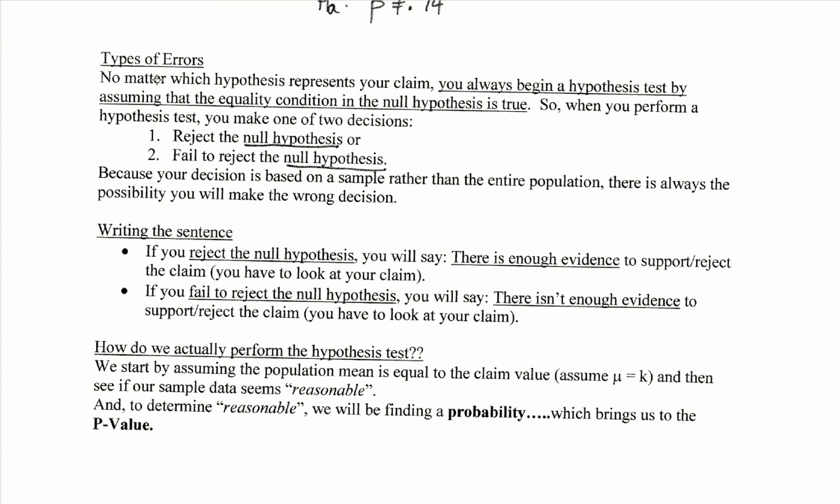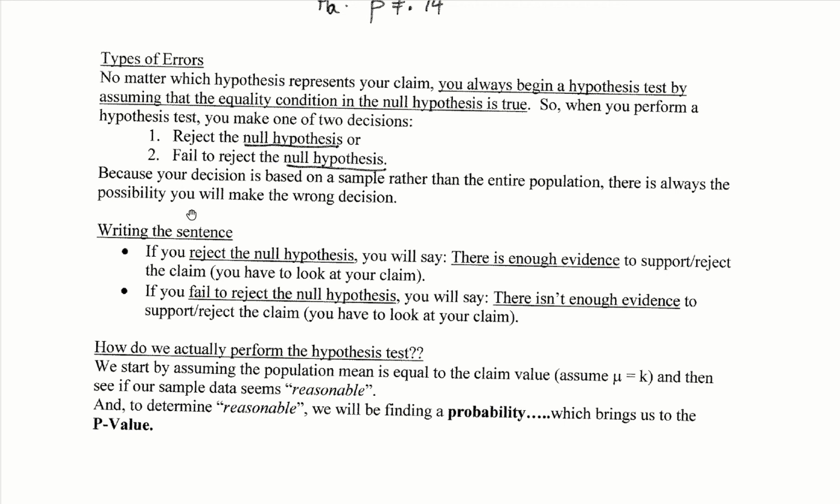One of the things to keep in mind is that this is chalked up to probability after all, and there is a probability that we do make the incorrect decision. No matter which hypothesis represents your claim, we always begin by assuming that the equality condition in the null hypothesis is true. So by the benefit of the doubt, we assume the null hypothesis is true unless we have evidence to suggest otherwise.